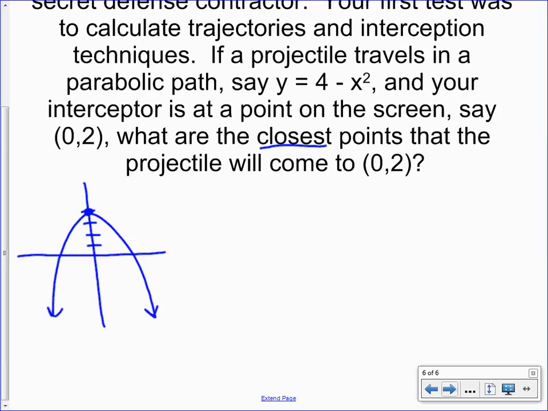Four minus x squared. And we want to come closest to the point 0, 2. Okay. So what are we minimizing? Distance.